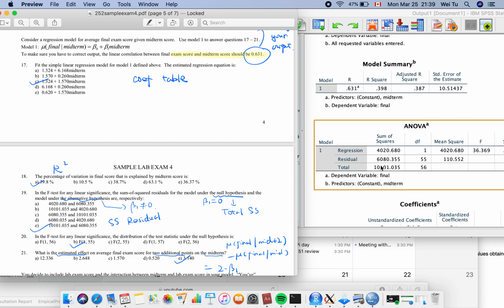And that's the total sum of square. So total sum of square, and then the one on the alternative hypothesis is the SS residual. It's similar to the one we have in the one-way ANOVA. Okay, so this is the null hypothesis, and this is the alternative hypothesis.